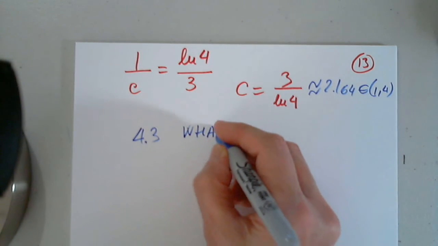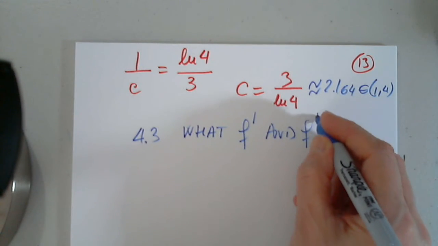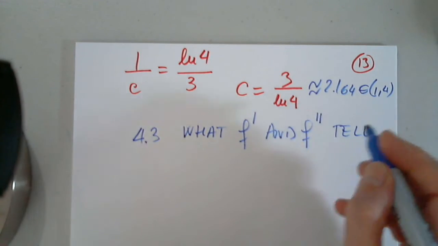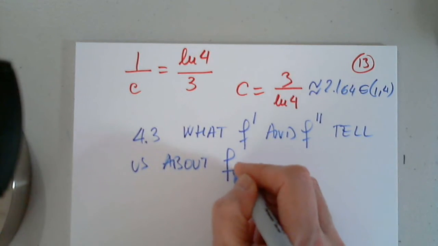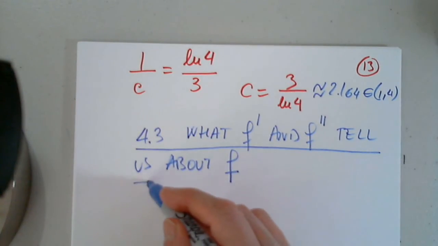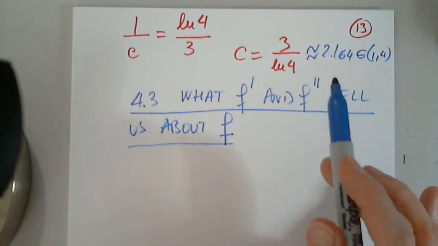Basically, this is what f prime and f double prime tell us about f. This is a very important section. We already know that f prime tells us a lot.